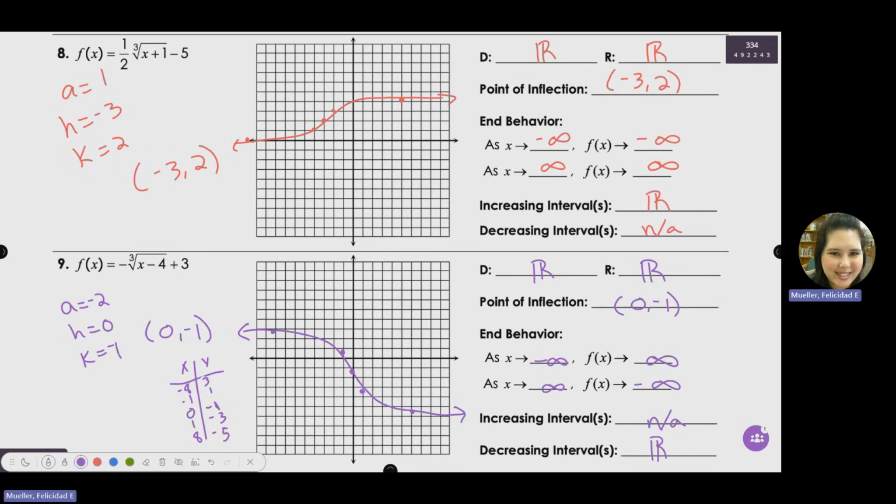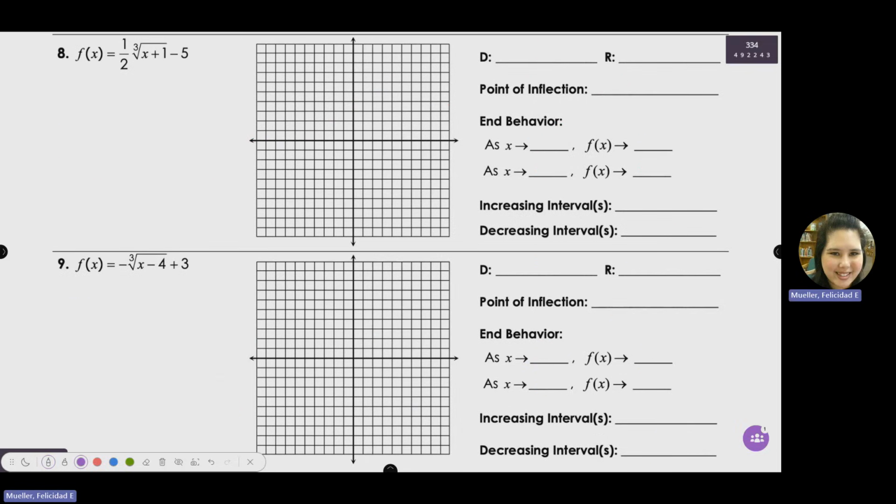Moving on, I did want you to try 8 and 9. If you have the handout, we can go ahead and go over it. If you don't, please pause it, give it a try first. So for number 8, A is 1/2, H is -1, K is -5. So -1, -5. So if I went over 1, I'd go up 1, but I'm only going to go up a half.